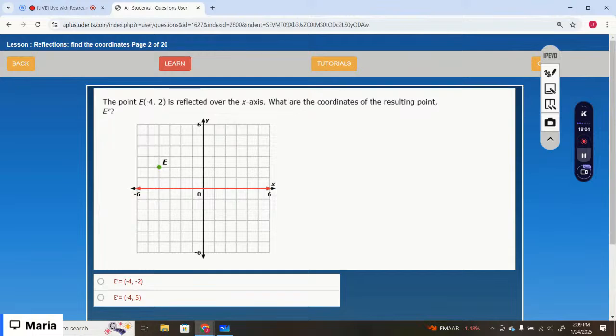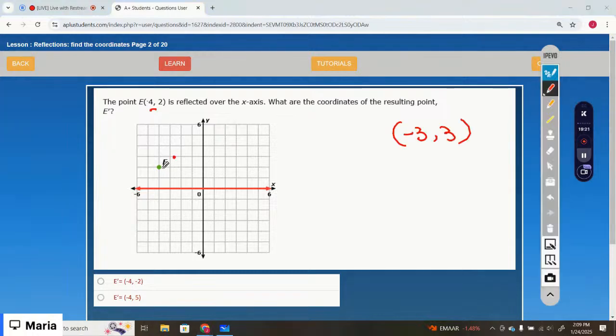The point E, -4 and 2, is reflected over the x-axis. What are the coordinates of the resulting point? So E is the point that is reflected over the x-axis. You have the same distance on the x-axis and the same on the y-axis.